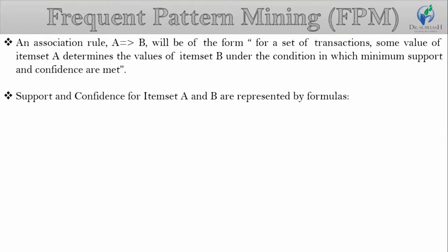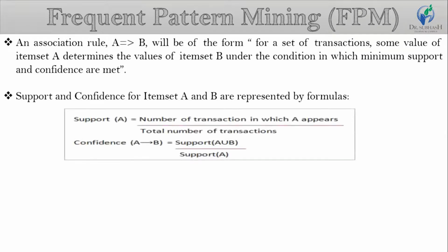The formula is: support of item A is equal to the number of transactions in which A appears divided by the total number of transactions. Confidence of A implies B is equal to support of A union B divided by support of A.